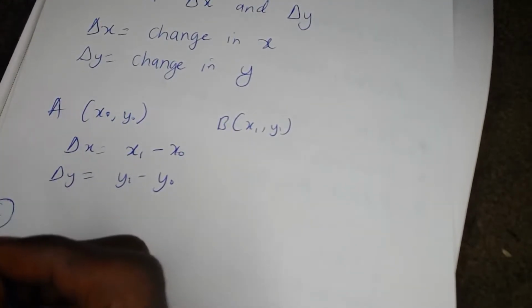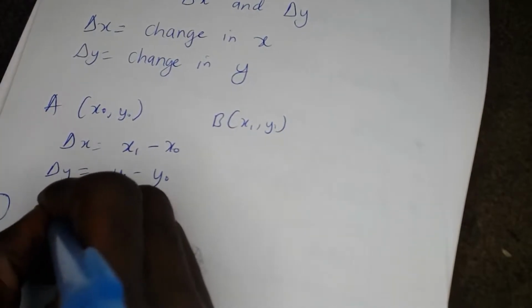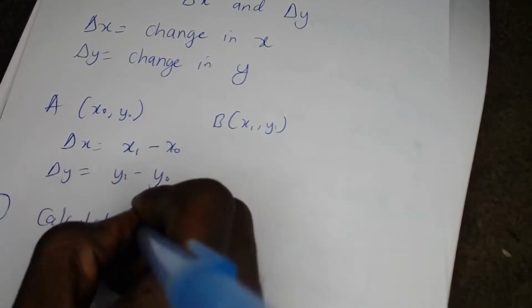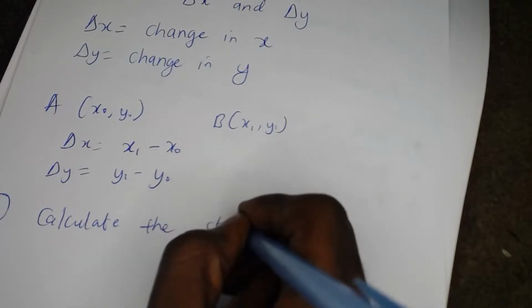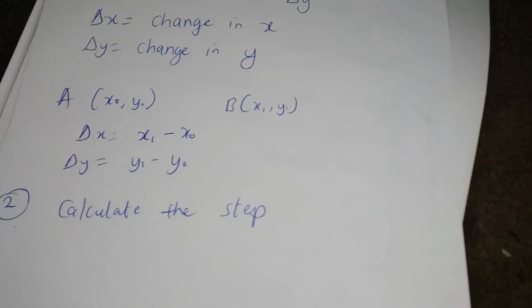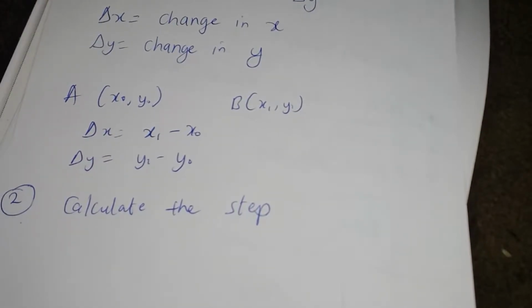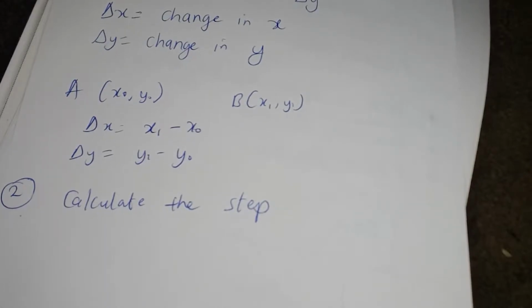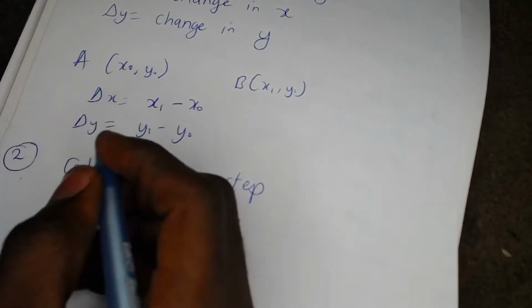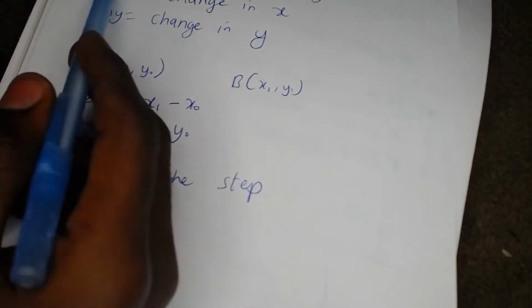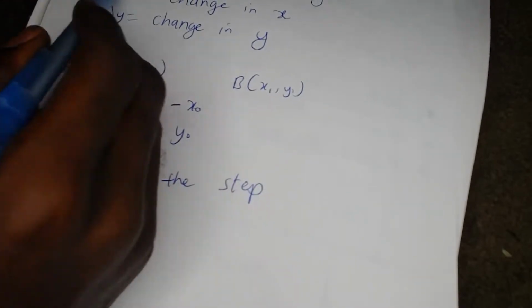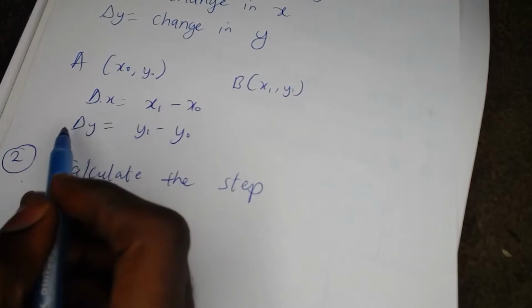The second step for DDA is to calculate the step. Now, I think this is the easiest part of DDA, because what is step? Step is, now that from this initial process, you know delta x and delta y.